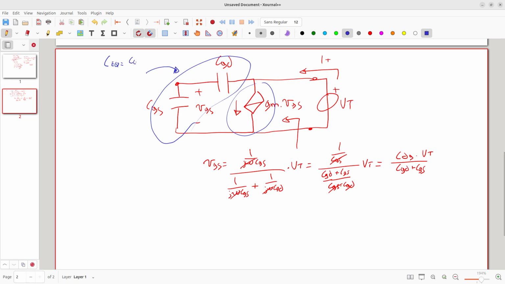It is just CGS times CGD divided by CGS plus CGD. And then for this one, I need to calculate the current that flows down. That will be GM times CGD divided by CGD plus CGS, times VT.